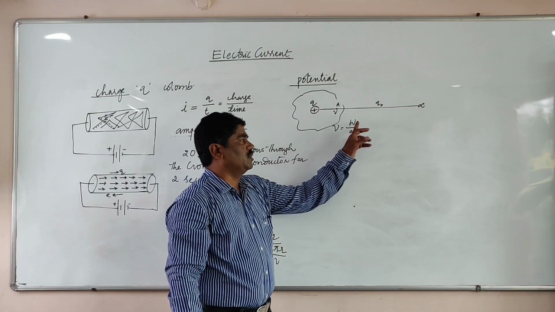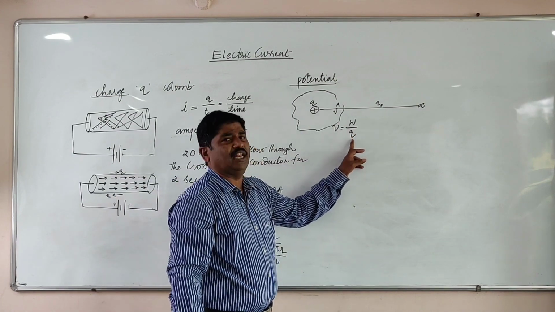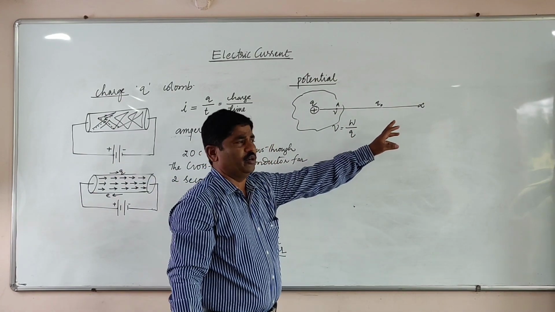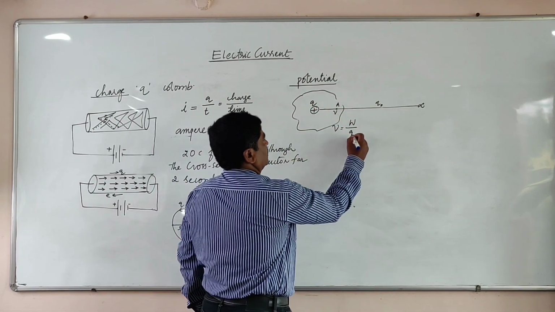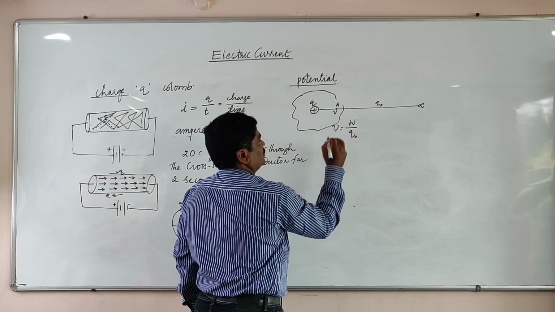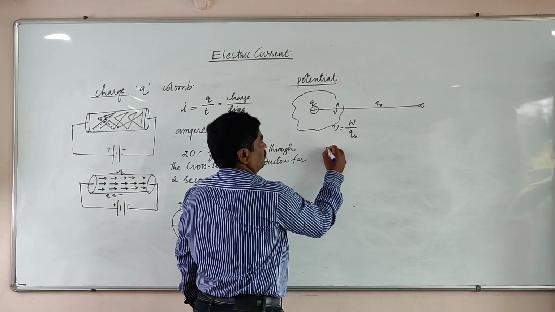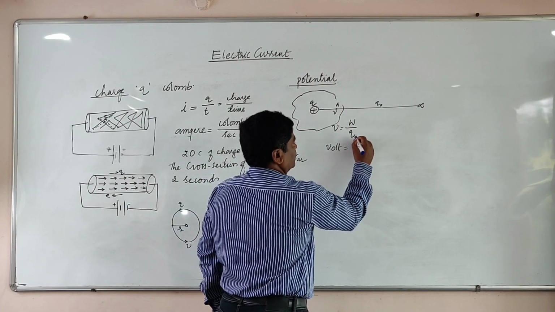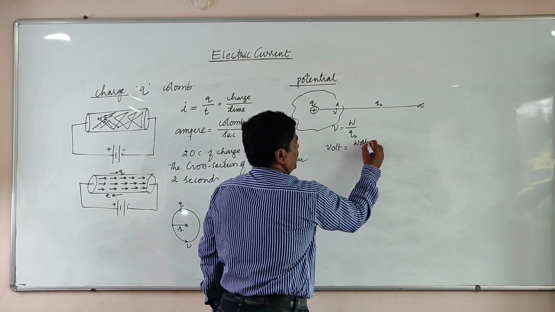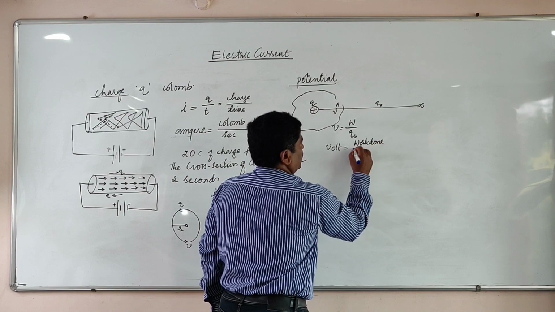The potential is the work done to move an electric charge from an infinite point to a point in an electric field. So it is the work done by the charge.